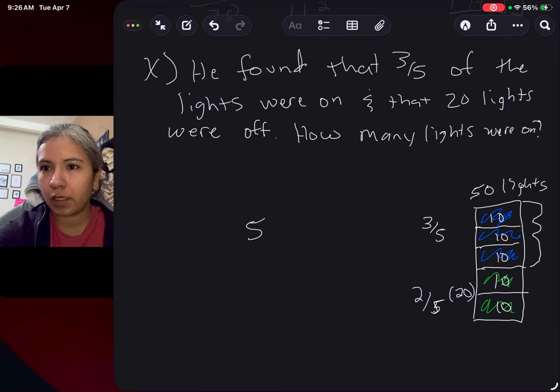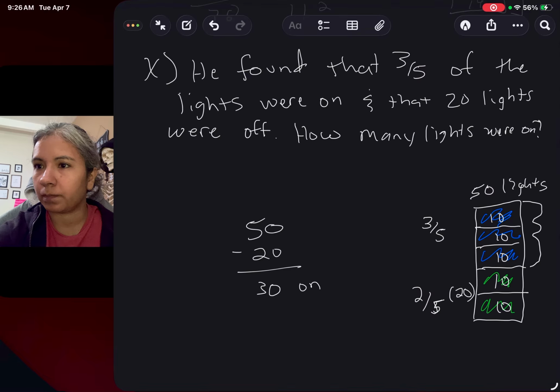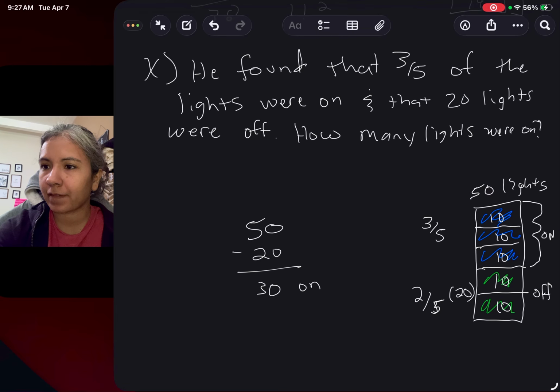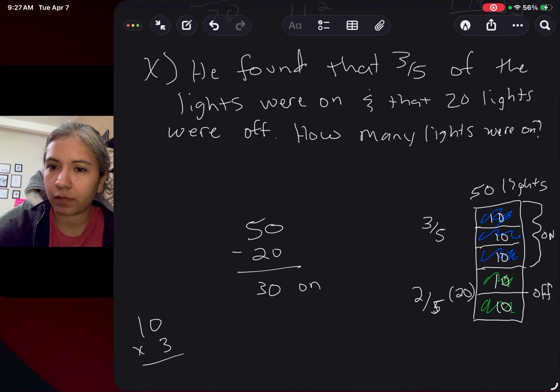You can do 50 minus your 20 to get 30 were on. Or, we did the 20 divided by 2 for 10, and we can do 10 times 3, or add 10 3 times to get that 30 were on.